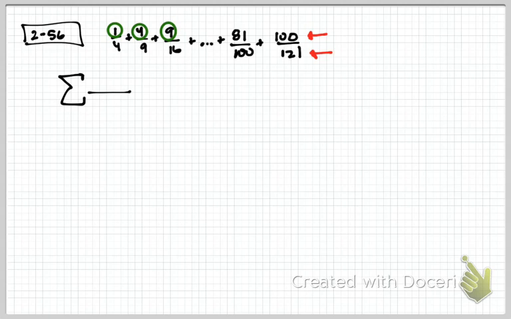So we can represent this as, we'll use the letter I, and let's start with I being 1. So when we plug in 1, you will square it, and you will get 1. 1 squared is 1. 2 squared is 4. 3 squared is 9.